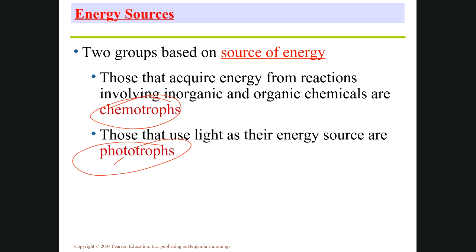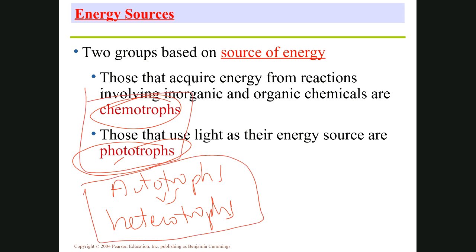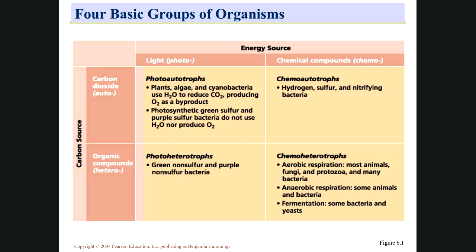Remember, the need for carbon gave us autotrophs versus heterotrophs. So we take the need for carbon and the need for energy, and we can create four different energy or metabolic requirements: the photoautotrophs, chemoautotrophs, photoheterotrophs, and chemoheterotrophs.